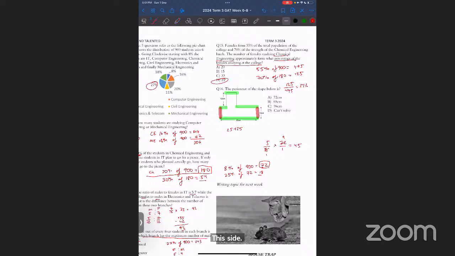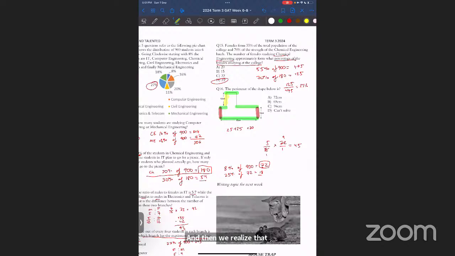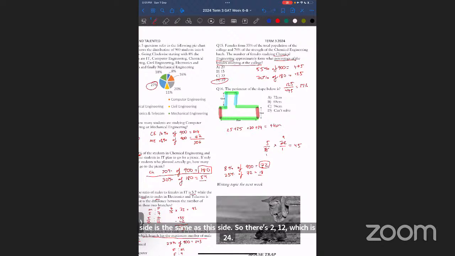So there's 2 10s. And then we realize that this side, oops, I'll use a different color, I'll use pink. This side, actually pink is invisible, but blue. This side is the same as this side. So there's 2 12s, which is 24, and you get 94 centimeters. Pretty easy. Easy peasy lemon squeezy.